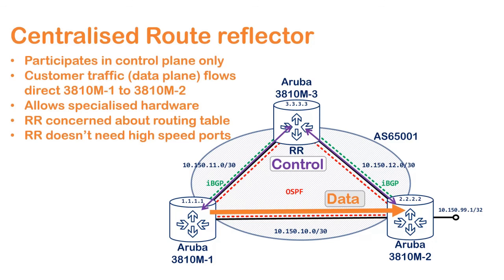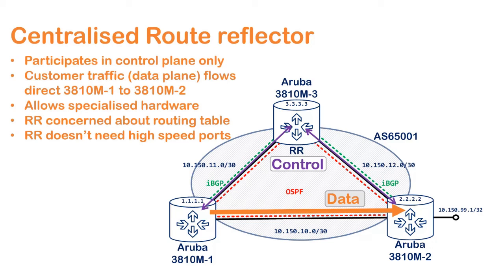But if we design the network like this for a centralized route reflector design, then we just need something that's got a lot of CPU that can handle a large routing table, but can have relatively slow ports by today's standard. We don't need 100 gig ports on our route reflector because it's not handling the customer data.